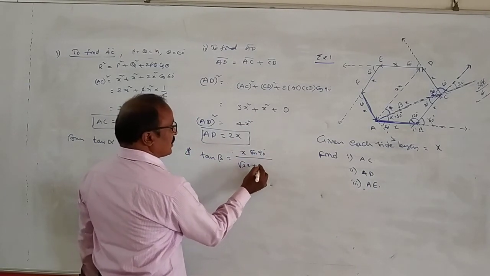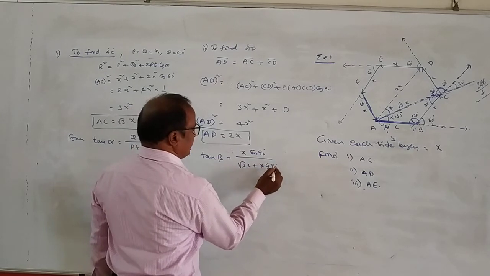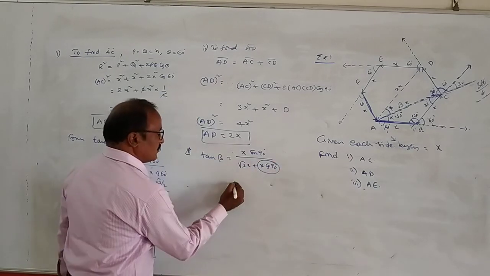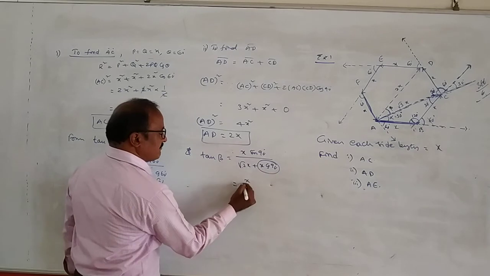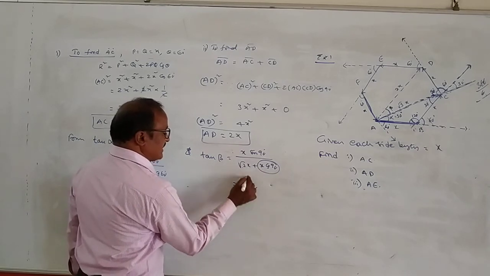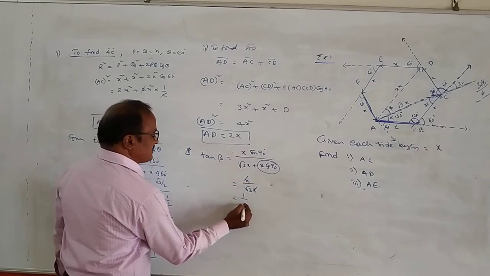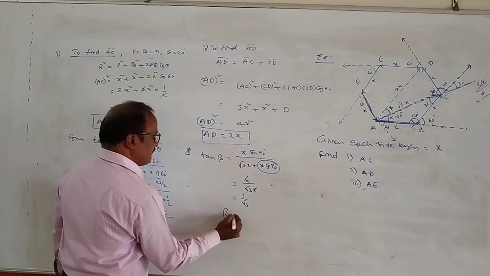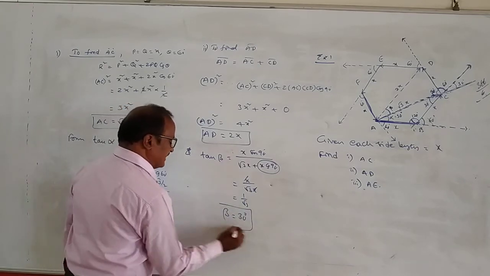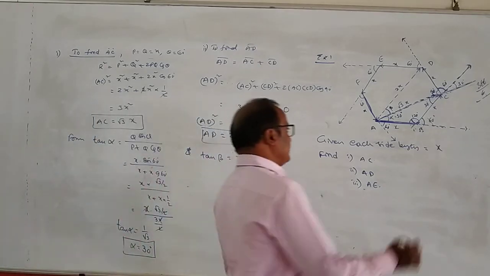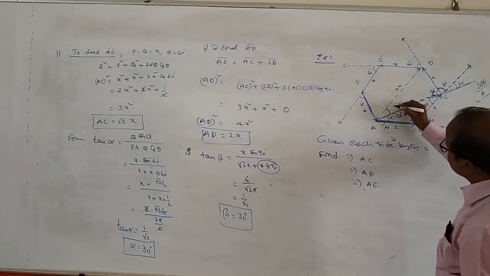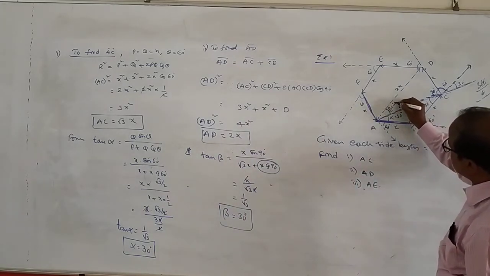So x into sin 90, plus x cos 90, and cos 90 is 0. This becomes x into sin 90, which is 1, by root 3x. x is cancelled. Tan beta is equal to 1 by root 3. Then beta is equal to 30 degrees. Right?